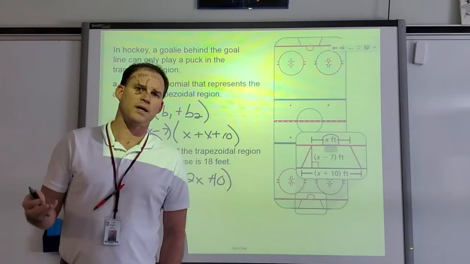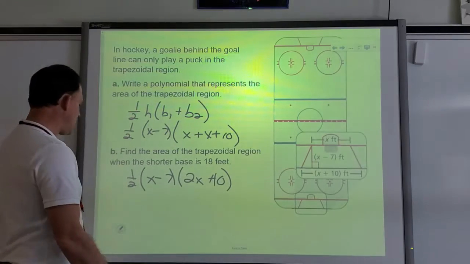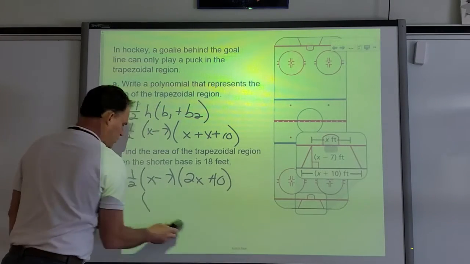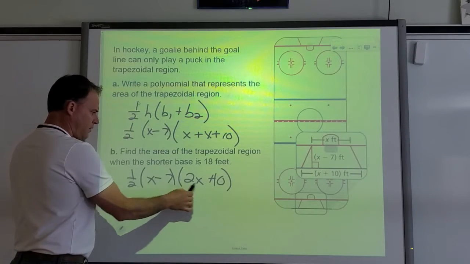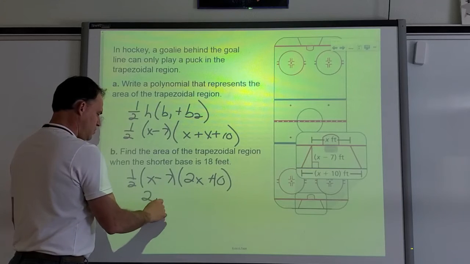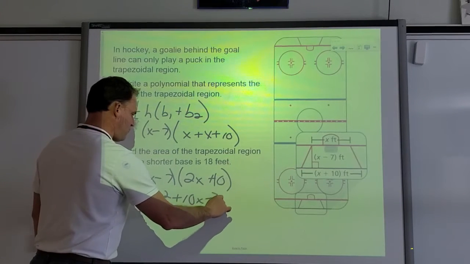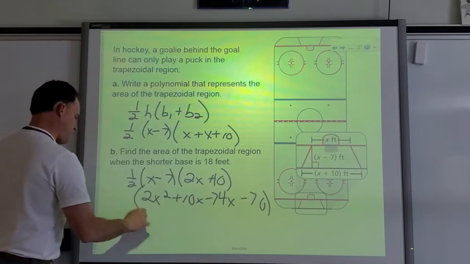Now I've got to multiply these two together. I've got my two polynomials being multiplied together, all right? I'm going to do this with FOIL, because it's probably quick for a 2 by 2. So it's going to be 2x squared, 10x, 14x, minus 70.